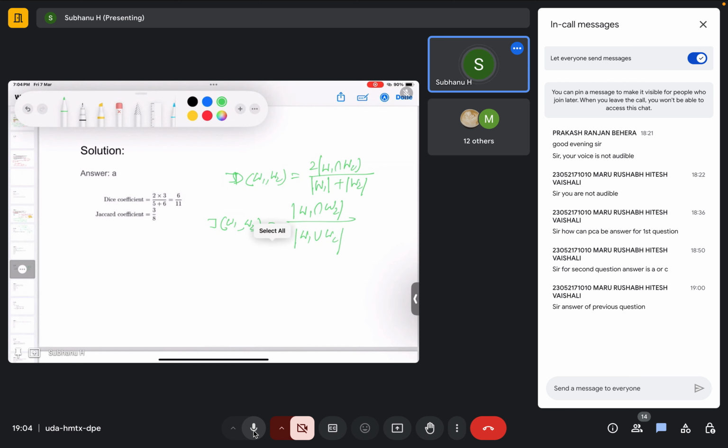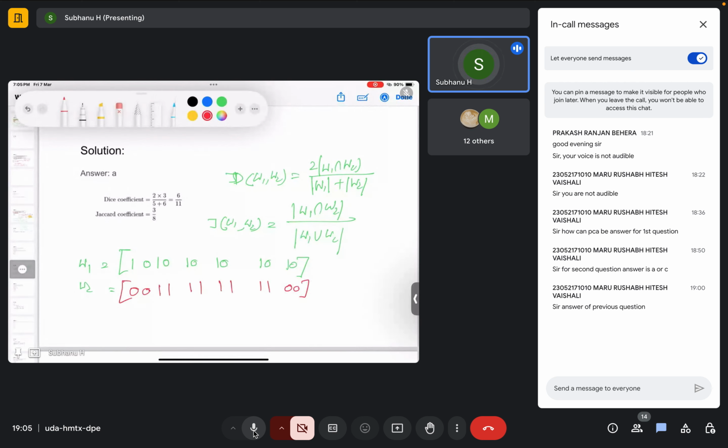So first we have W1 equal to 1 0 1 0 1 0 1 0 1 0, and W2 is 0 0 0 0 1 1 1 1 1 1 1 1 then 0 0.